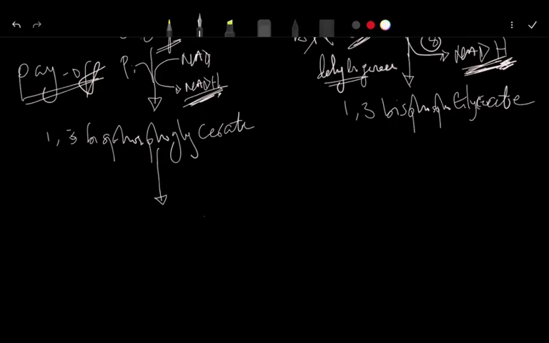Now, the next step is that we now remove phosphate. So we take ADP and form ATP. Same thing will occur here. We will take ADP and form what? ATP. So it means that we remove the phosphate at carbon 1. Are you there with me?